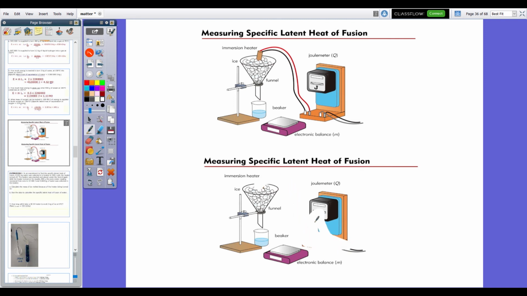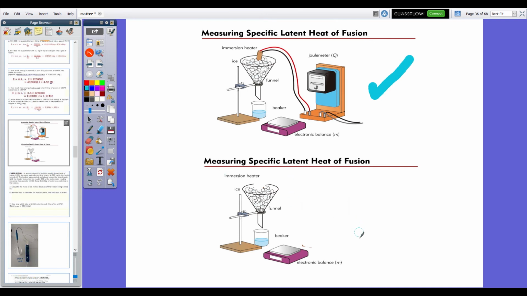Now, if I've removed the heater from the ice, which one of these is going to melt more water? Hopefully you'll realise that the one that will melt more water will be the one with a heater in it. This will melt more water than the one below.